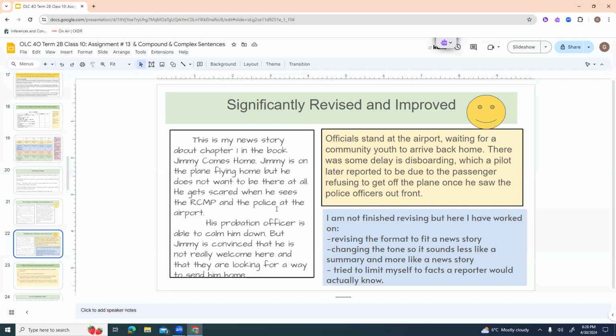I've revised the format so that all the important stuff is in the very beginning. I've changed the tone so it sounds a lot less like a summary of a book and more like a real news story. And I tried to limit myself to facts a reporter would actually know, right? A reporter doesn't know your thoughts and your feelings, so they shouldn't really be in the news report.